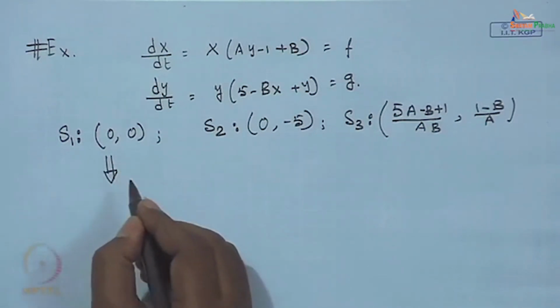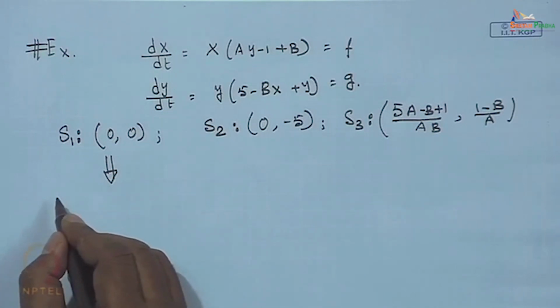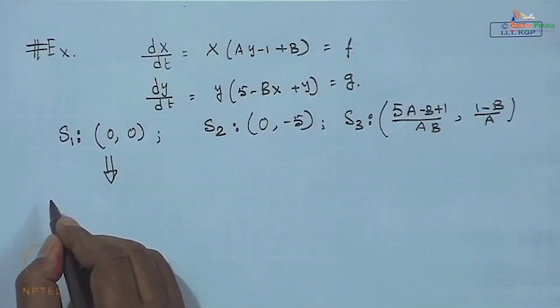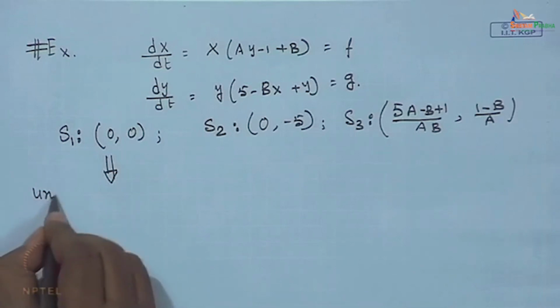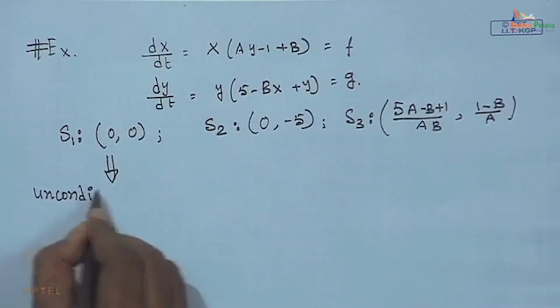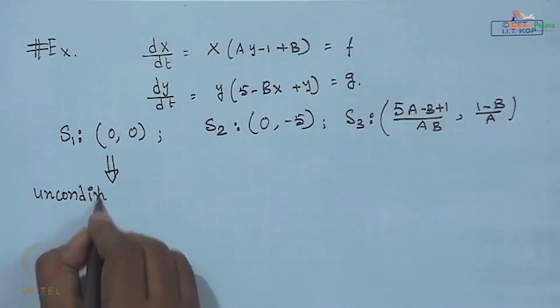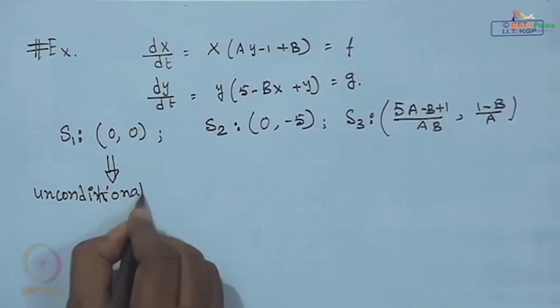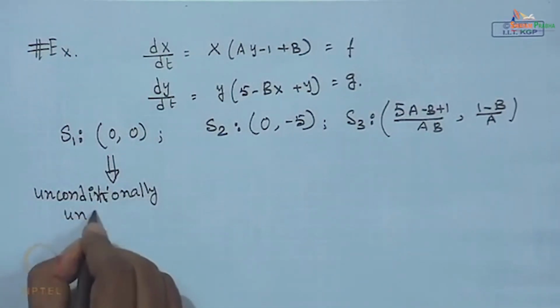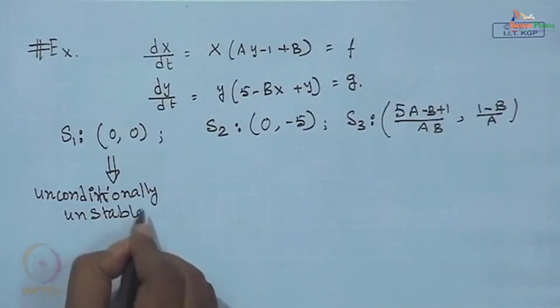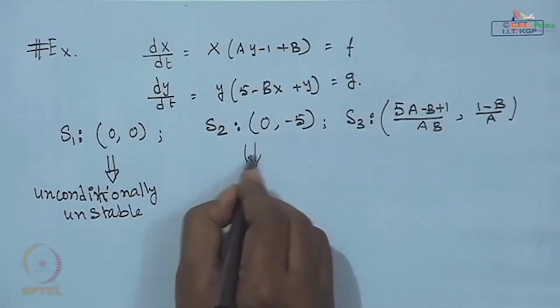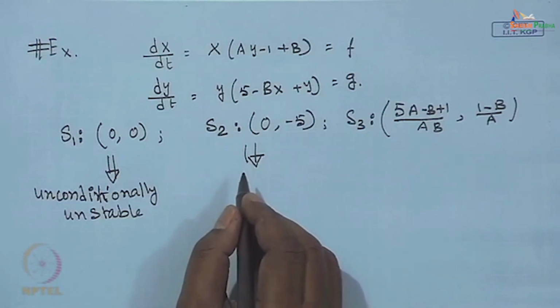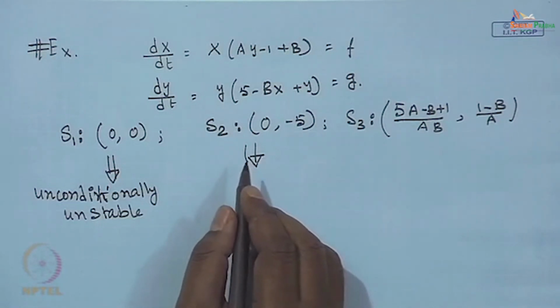The first steady state (0, 0) was unconditionally unstable. We have evaluated that. The second is unstable, and this will be stable if the following conditions hold good.